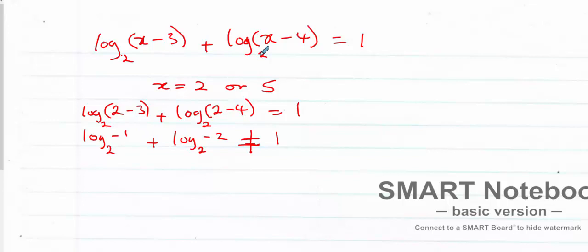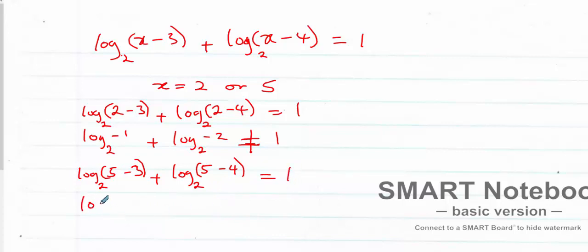So let us try when x is equal to 5. We are going to have log 5 minus 3 base 2 plus log 5 minus 4 base 2 equal to 1.